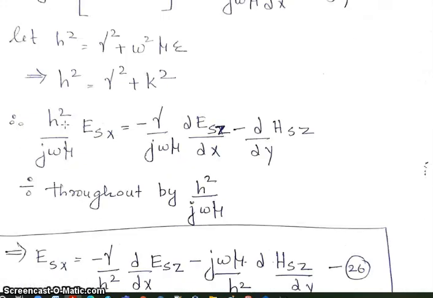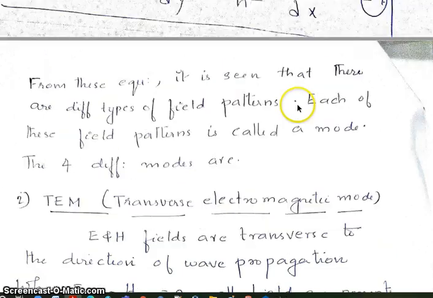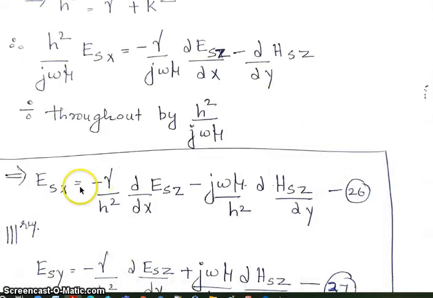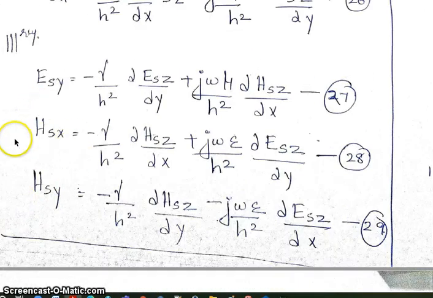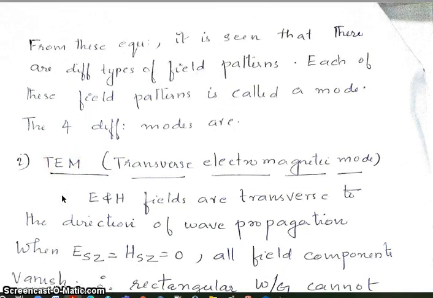From these equations it is seen that there are different types of field patterns. Each of these field patterns is called a mode, because Esx is a different pattern, Esy is a different pattern, Hsx is a different pattern and Hsy is a different pattern. So all these correspond to 4 different modes.